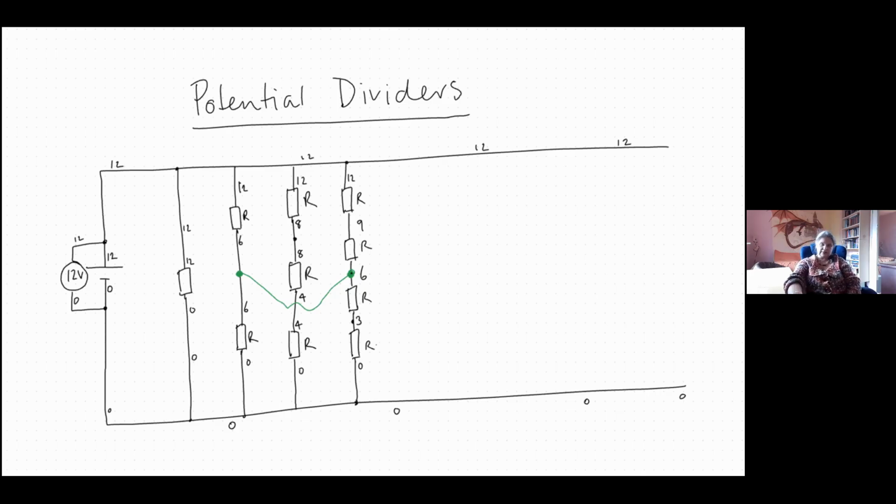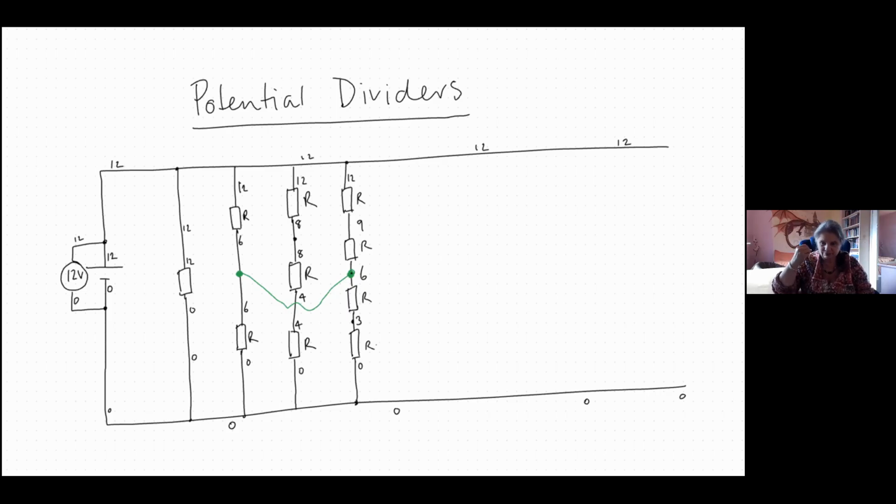A short circuit technically is connecting one end of your power supply directly to the other with a wire, bypassing, shorting out all of the components in your circuit. The current goes through the wire, directly from the positive to the negative, and none of the rest of your circuit gets powered at all. If you short out a component, you put a wire in parallel with it and the current goes through the wire instead of through your component, and it's like your component isn't there. So it's called shorting out. So no, this does not short out anything.